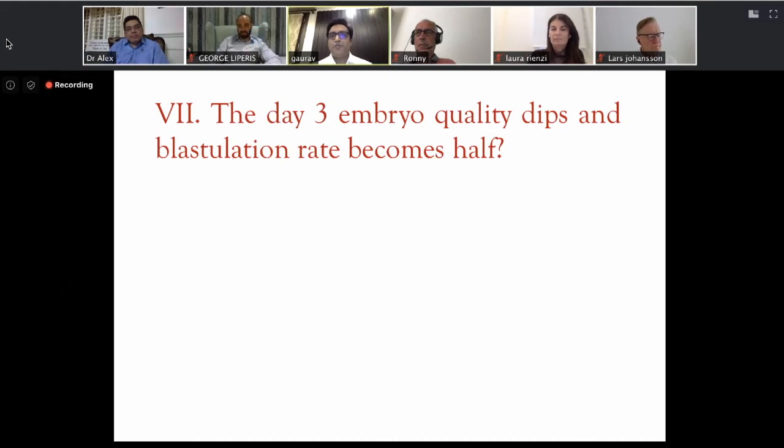The day 3 embryo quality has suddenly dipped in a laboratory, and the blastulation rate becomes half, literally half. This is probably after good fertilization, and we've already looked at the patient population.